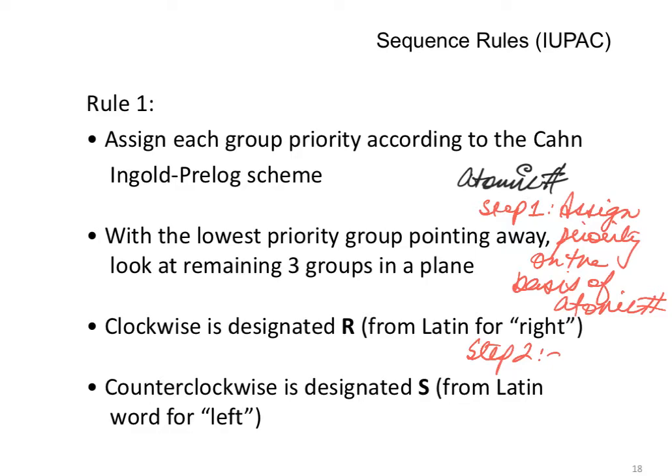If they move clockwise, we will call it R for rectus in Latin, or right. And if it is moving anti-clockwise, that is left, sinister, hence we will call it S. So R and S will be assigned onto the 1, 2, and 3 priority as to which direction they are turning.